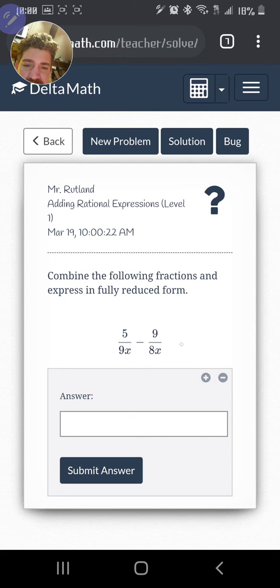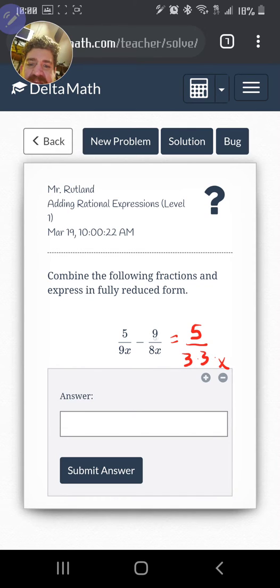All right, now when you do this, one thing that you can do is you can break these down into, I don't know, the product of prime factors. Okay, now this is only something you want to do when you have monomial factors. But when I say product of prime factors, I mean like rewrite the 9x as 3 times 3 times x.